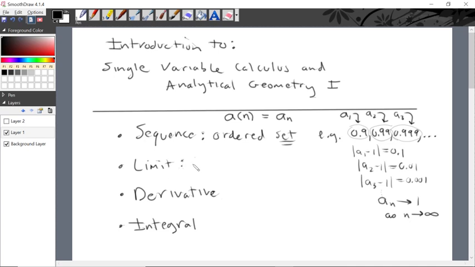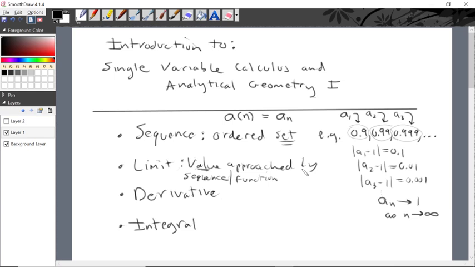So a limit can be described as a value that is approached by a sequence, and a sequence is also a function, so a value that is approached by a sequence or a function. By approached, we mean that we can get as close as we want to that limit value, without actually having to reach the value.